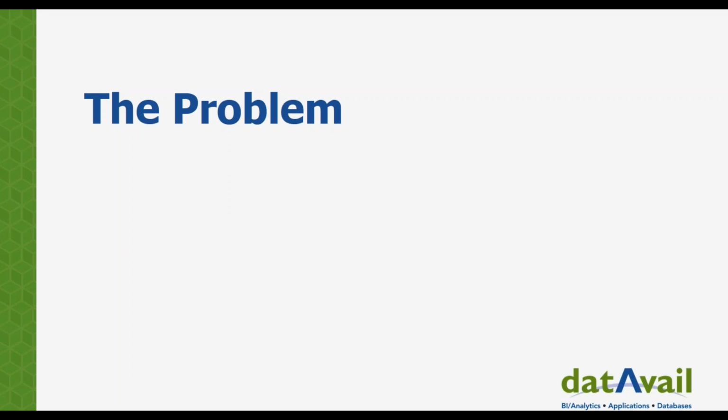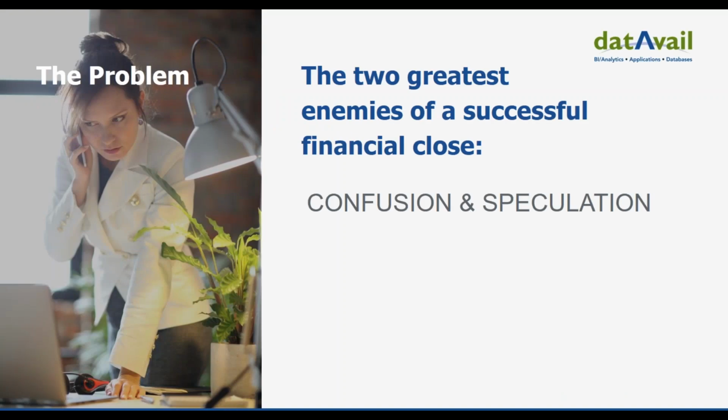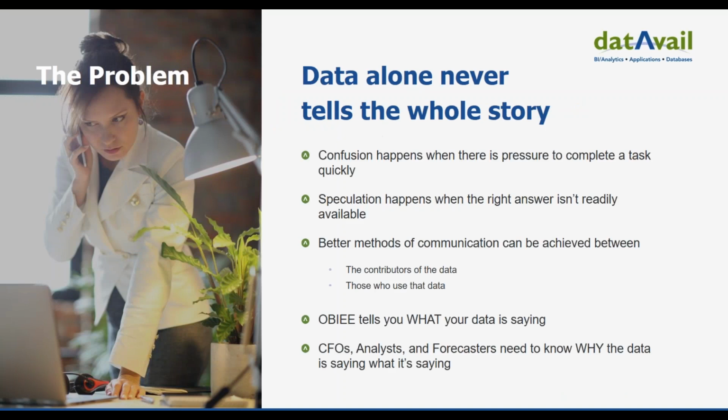So, according to the American Institute of Certified Public Accountants, the 2 greatest enemies of a successful financial close are confusion and speculation. Confusion often happens where there is pressure to complete a complicated task quickly. And speculation happens when the right answer isn't available.